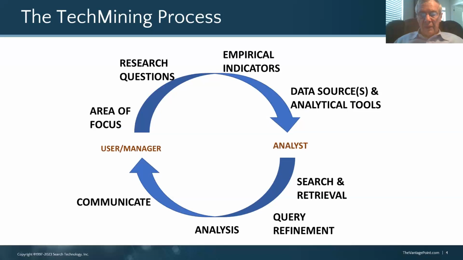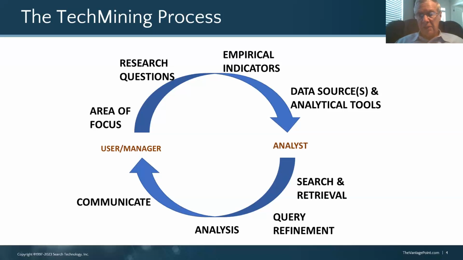Okay. The notion here of the circle is to remind us that we want to be really well connected. So if this inquiry you're working on began with a user, a manager, you want to be sharp on the area of focus and then have mutual agreement on what the research questions are that you're trying to answer.